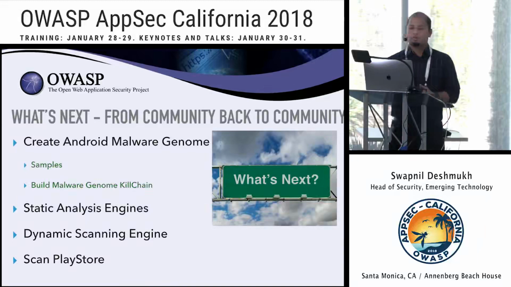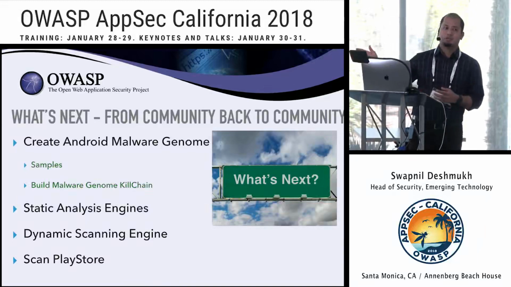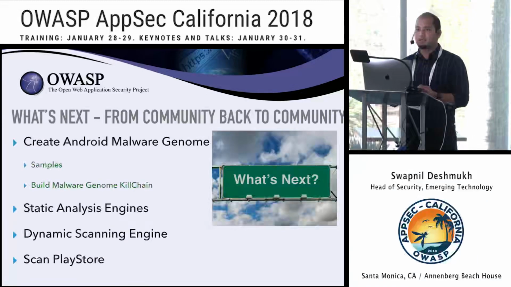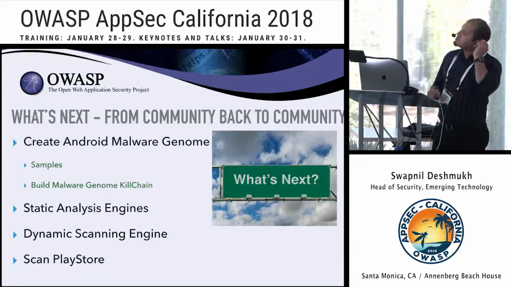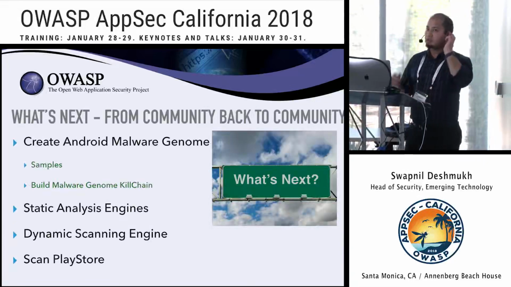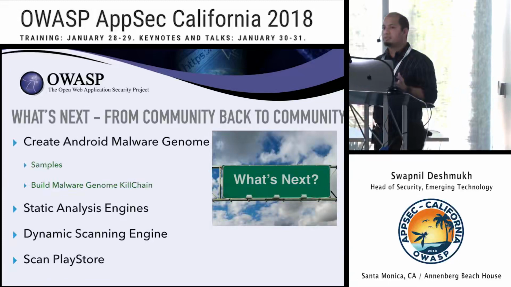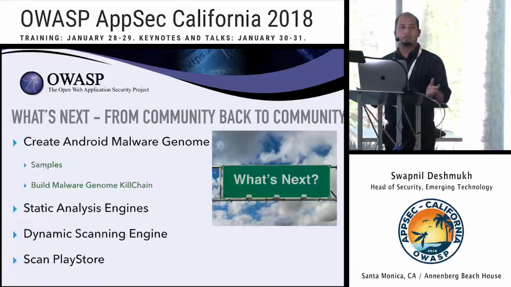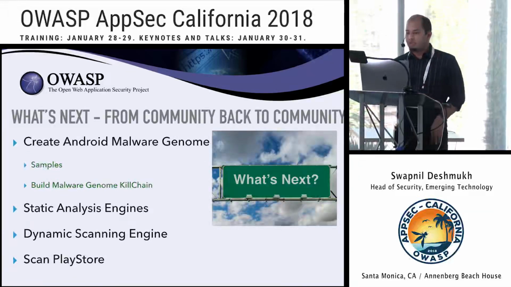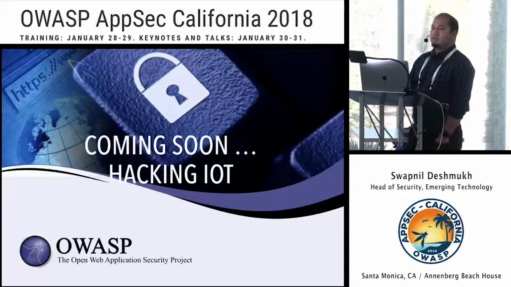So we are going to create a static engine for the same so that it can do static analysis for you. And after that, the next process is to scan the entire Play Store, all the Play Stores that are out there, identify this malicious content, and report it to Google so that they can do the right thing after that. So that's all from an Android standpoint.